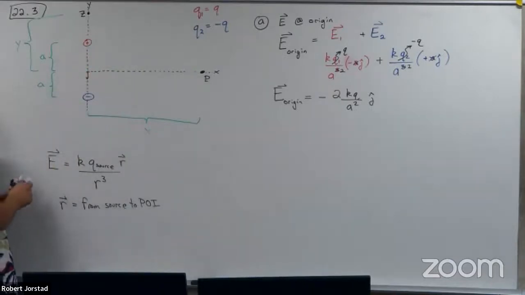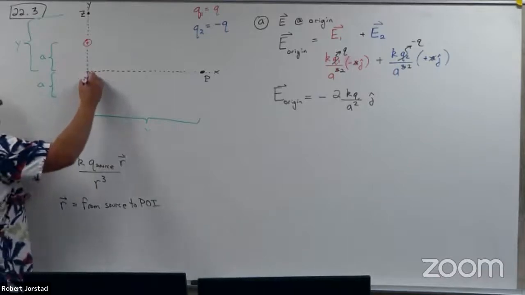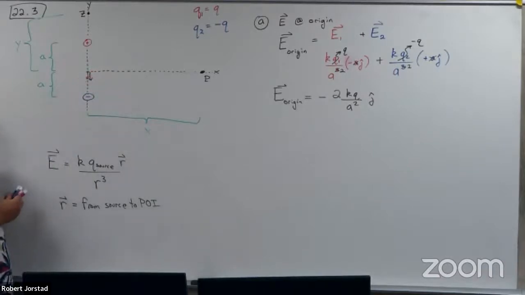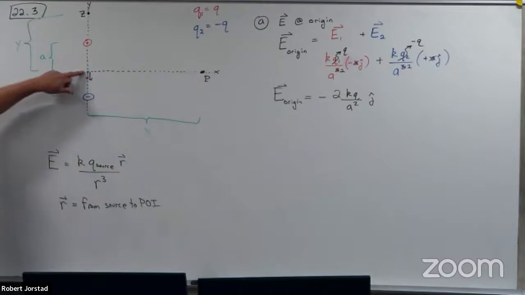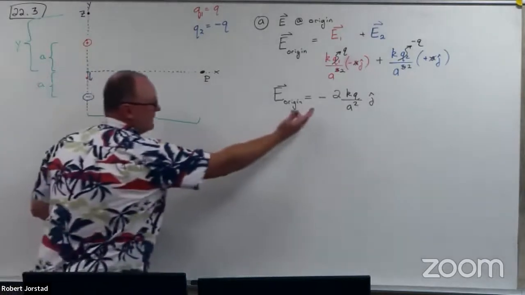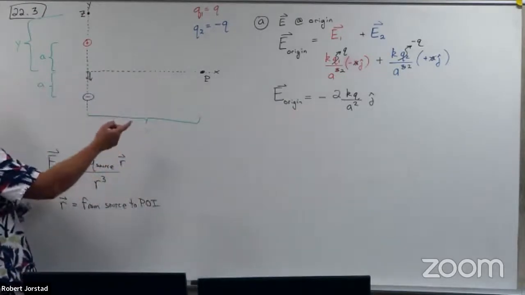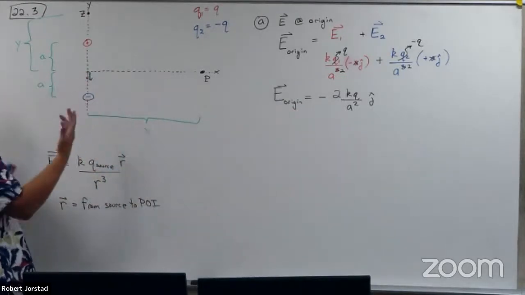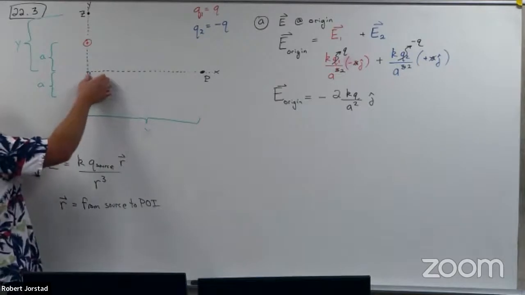I expect the negative charge on bottom to pull down. That's exactly what we just saw. Both of these would exert forces in the same way. It's opposite side, opposite charge, same direction force. So this makes complete sense. We expect it to be twice as big as one of them in the negative j hat. That's perfect.